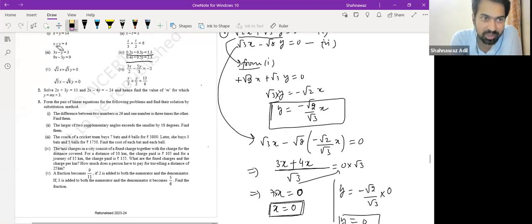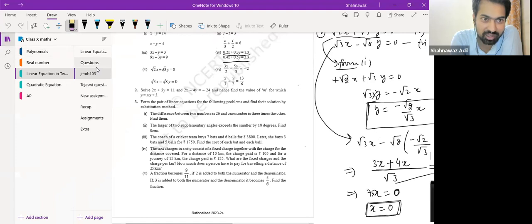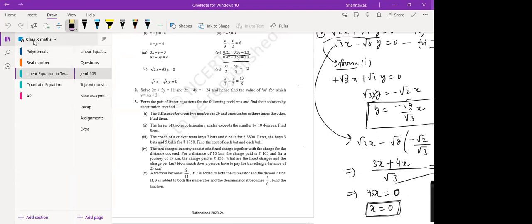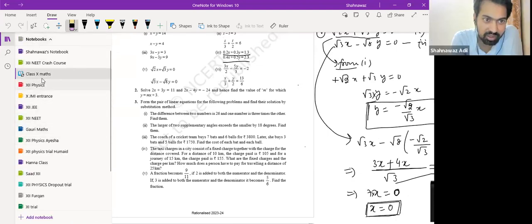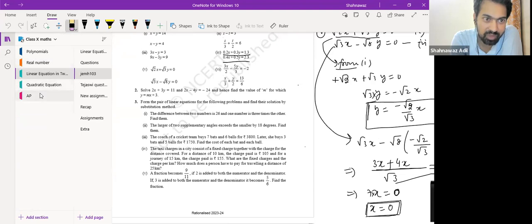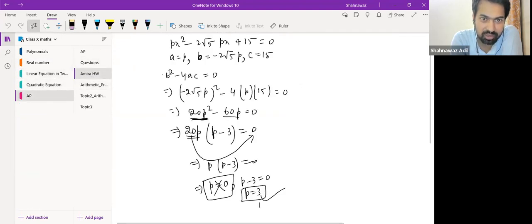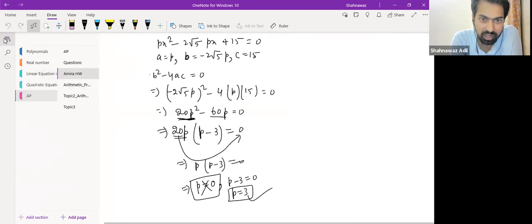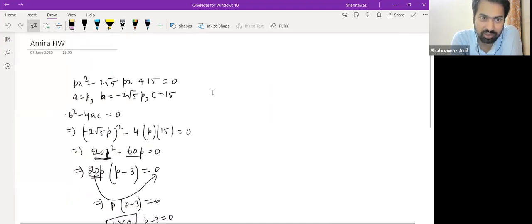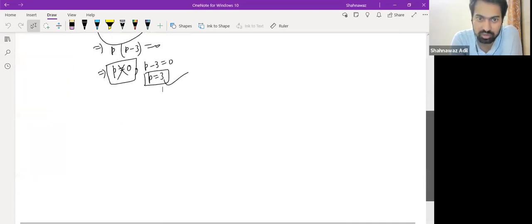So let me show that. Where is that? Here it is. So this is Amira's handwriting. Not this, this is mine, but this one. Where is that?